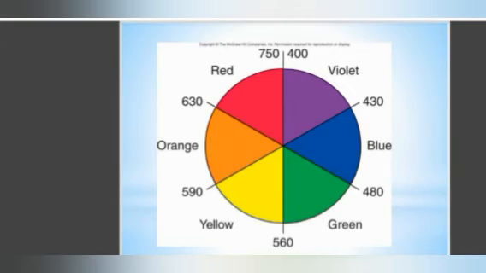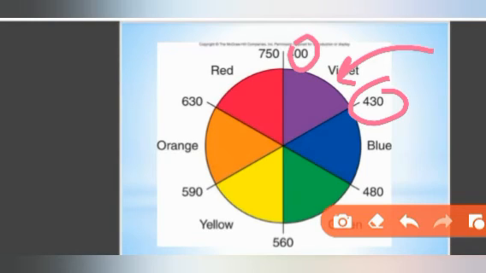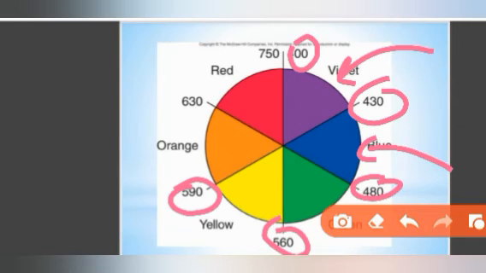Okay, so these are the ranges from where the color will be represented. Violet will come when the wavelength is between 400 to 430, and blue when between 430 to 480. It will give green between 480 to 560, yellow between 560 to 590, orange between 590 to 630, and 630 to 750 it is red.